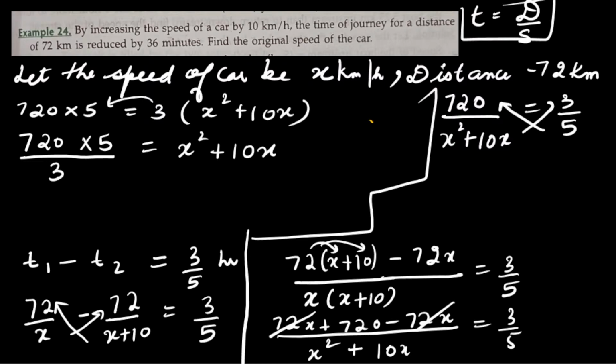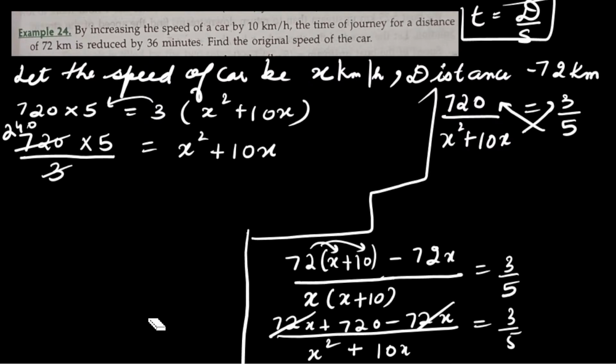Now here we can do cancellation. 3 into 240. So 240 into 5 we can multiply. What is 240 into 5? Just multiply and tell me. 0, 5 into 4 is 20, 10, so 1200 is equal to x square plus 10x.